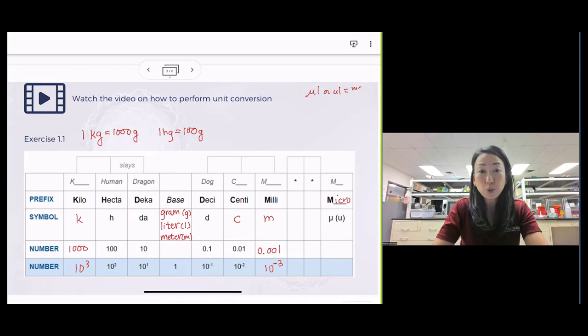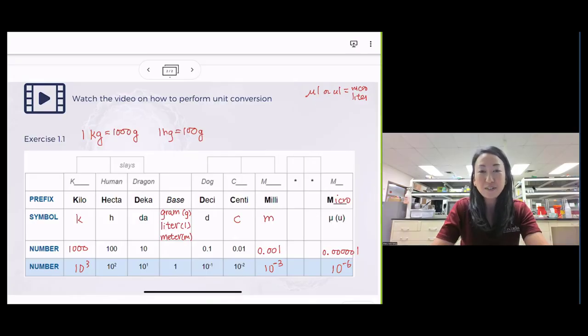Since you have moved 3 orders down, that means it is 10 to the negative 6, or 0.000001. This means a microunit is a millionth of a unit. Very, very small. So will we actually see this in lab? Yes, you will actually see and be using microliter quite often.